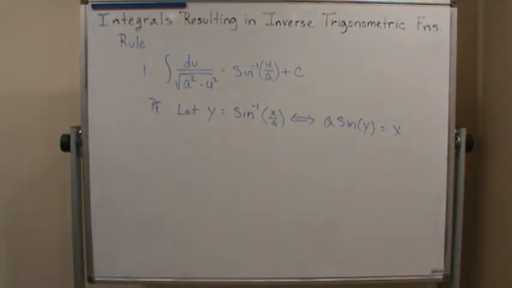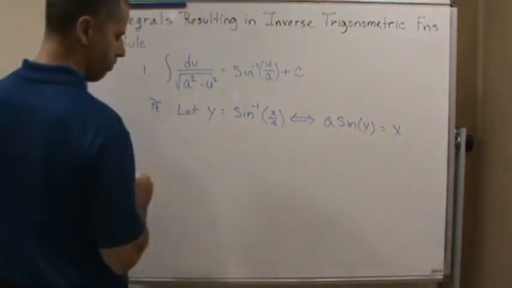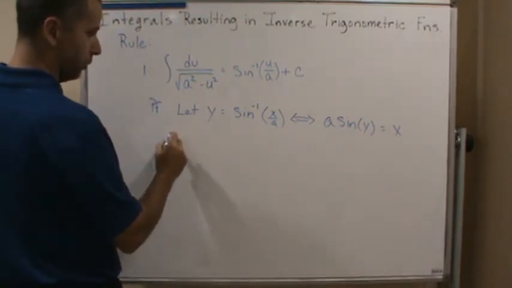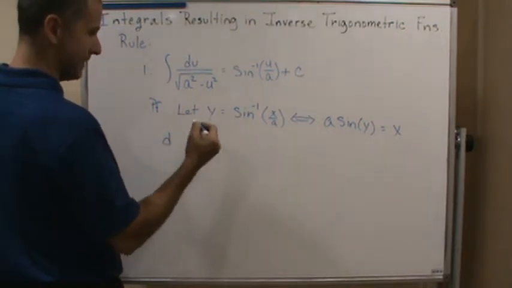Now I'm going to use implicit differentiation on both sides. So I'm going to take the derivative of both sides with respect to x.